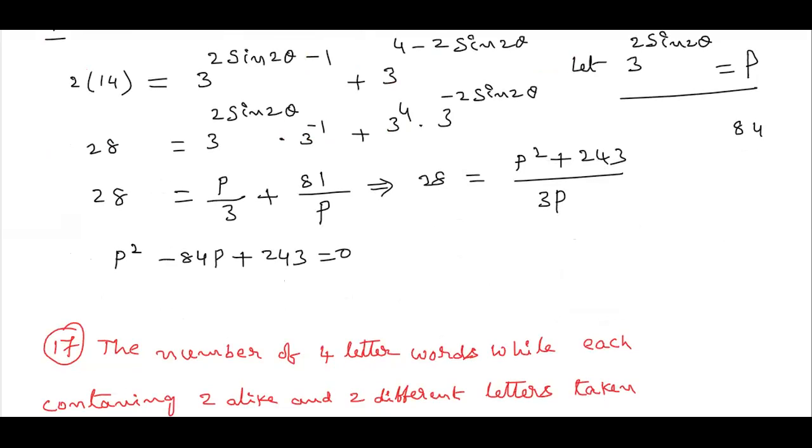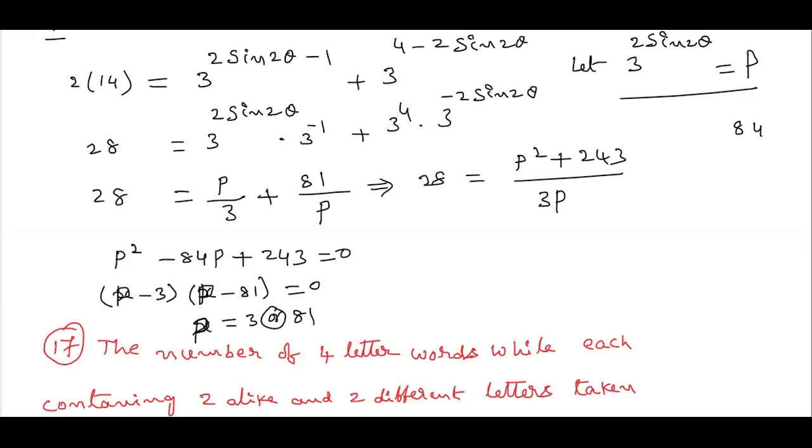Now split into factors: p minus 3 into p minus 81 is equal to 0. Sorry, this is p, not x. Then p is equal to 3 or 81.